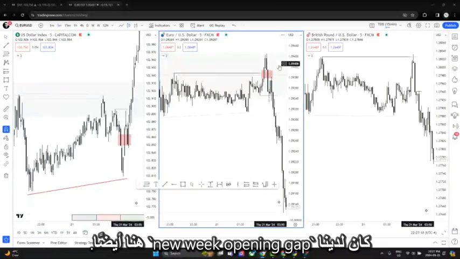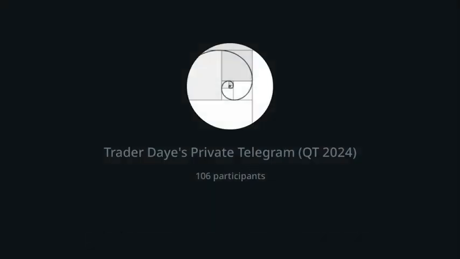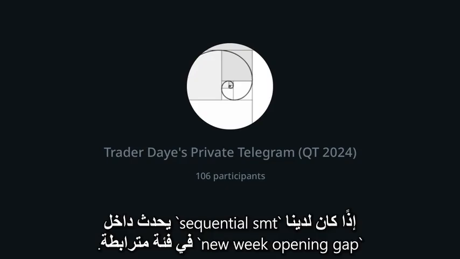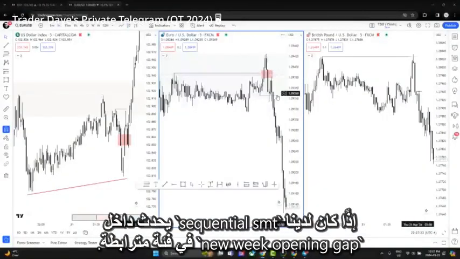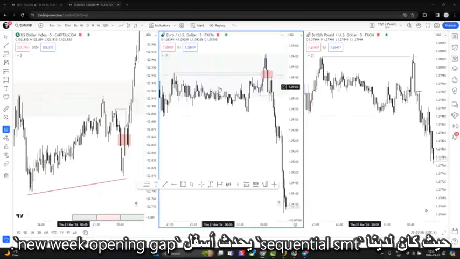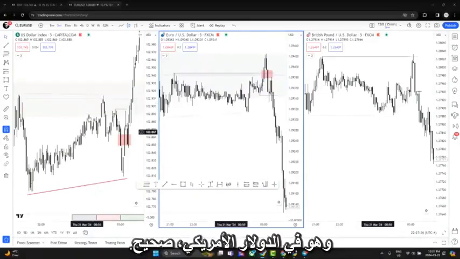We had a new week opening gap here as well. So we had sequential SMT occurring within a new week opening gap within a correlated class, where we had sequential SMT occurring below a new week opening gap, which is within the US dollar.